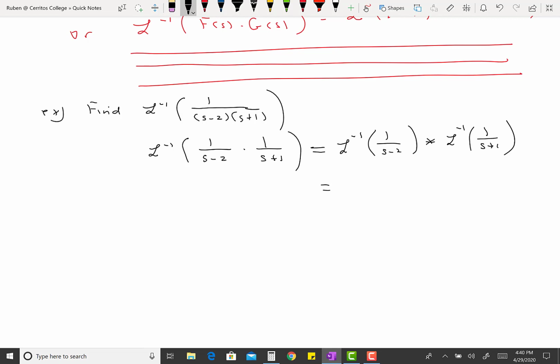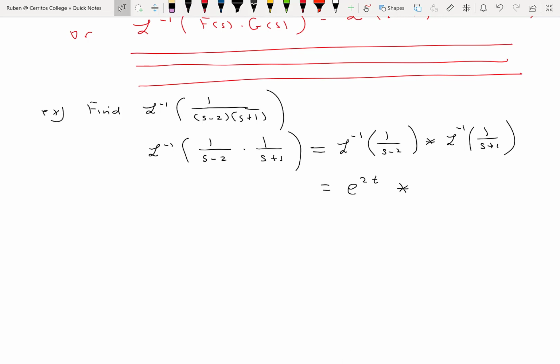What's the inverse Laplace transform of 1 over s minus 2? What should it involve? The exponential function, e to the 2t, convolved with the inverse Laplace transform of 1 over s plus 1, which is e to the minus t. Okay, now this is not a normal product.